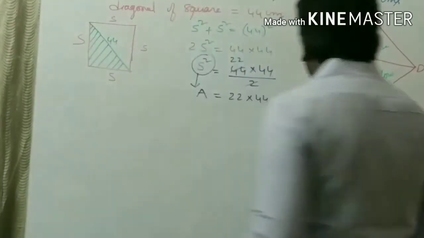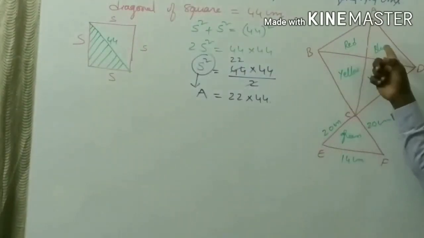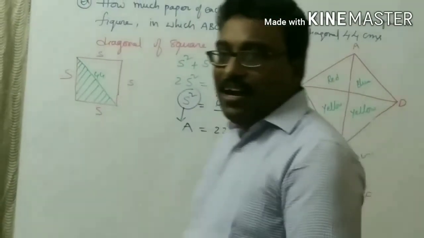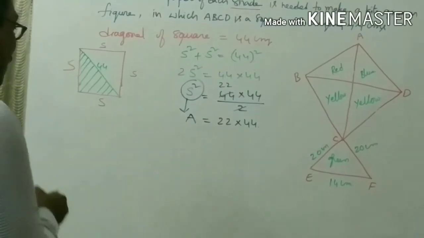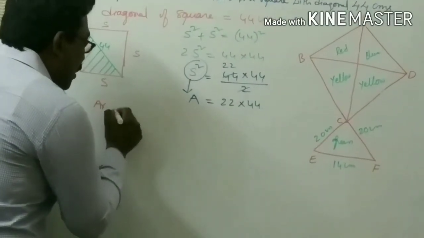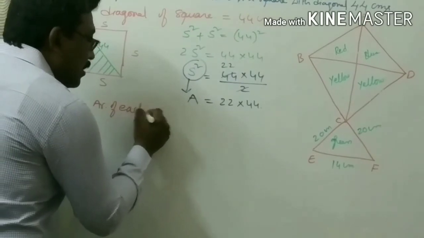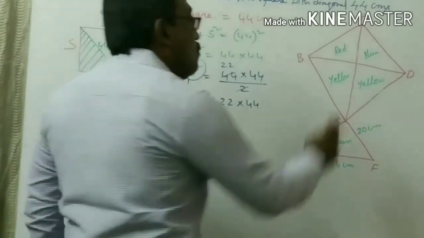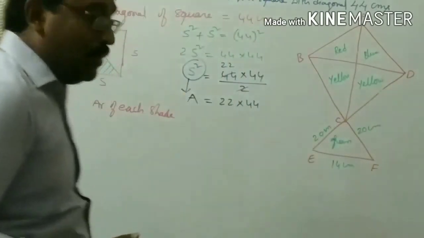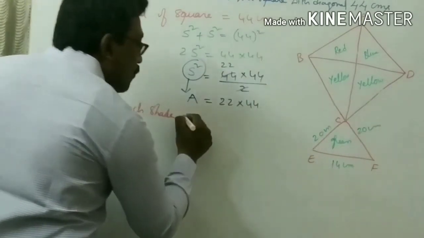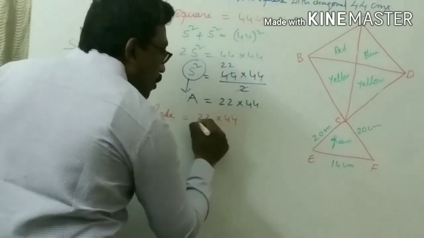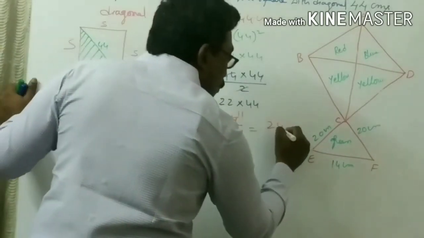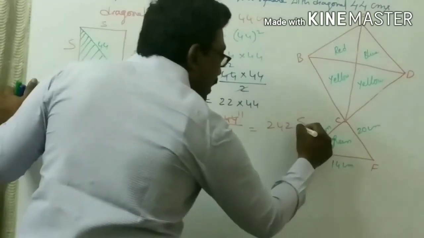Now, the square is divided into 4 parts. Red, blue, yellow and yellow. 4 parts are there. Now, area of each shade is asked. Okay, that means here red and blue one shade, yellow, yellow 2 times it is repeated. Now, divided into 4 parts, 22 into 44 by 4, 11 times 22 into 11, 242 square centimeters.